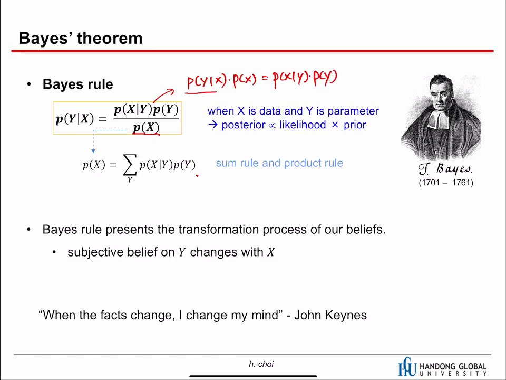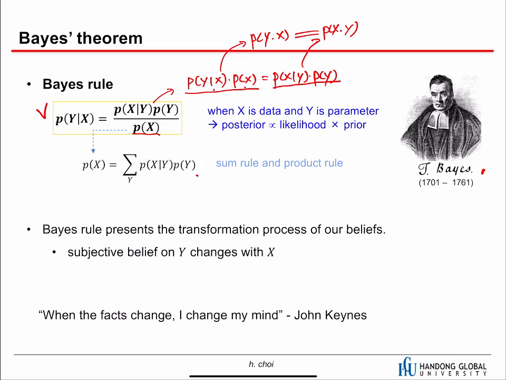Look at this one. This is a conditional probability times a marginal probability, so it is the joint probability of y and x. And this one is also the joint probability of x and y. So these are the same. This is a really trivial equation, but it was proposed by Thomas Bayes a long time ago.